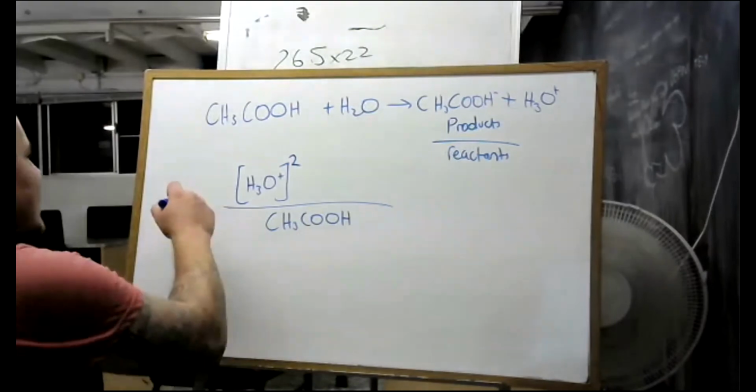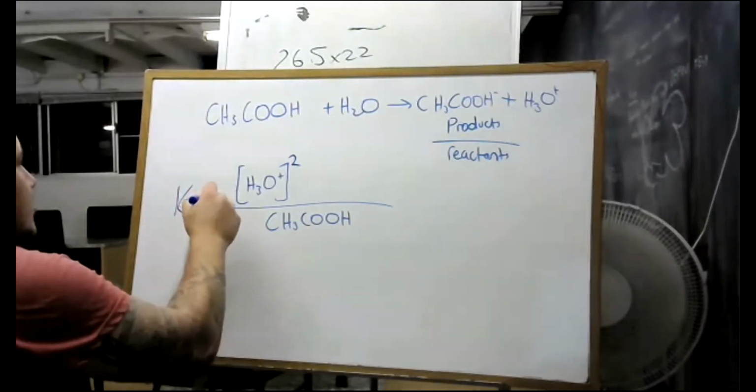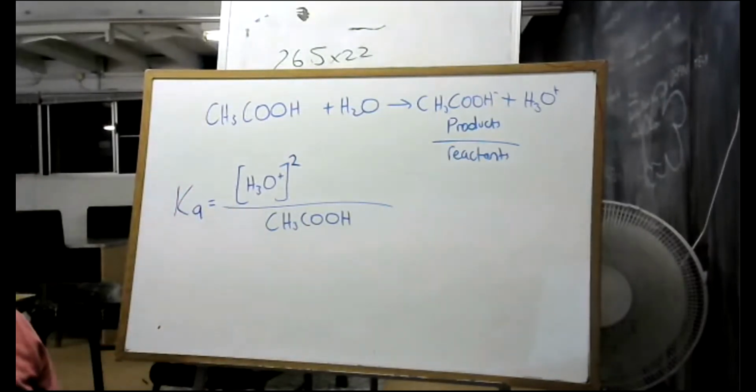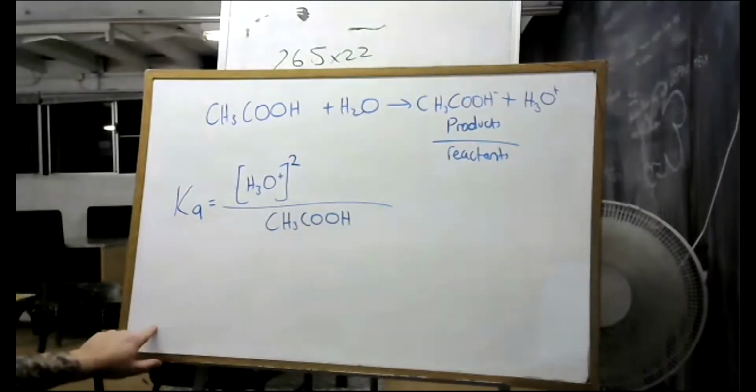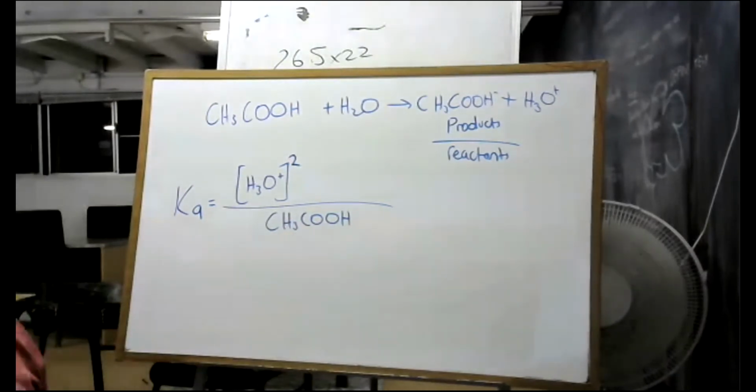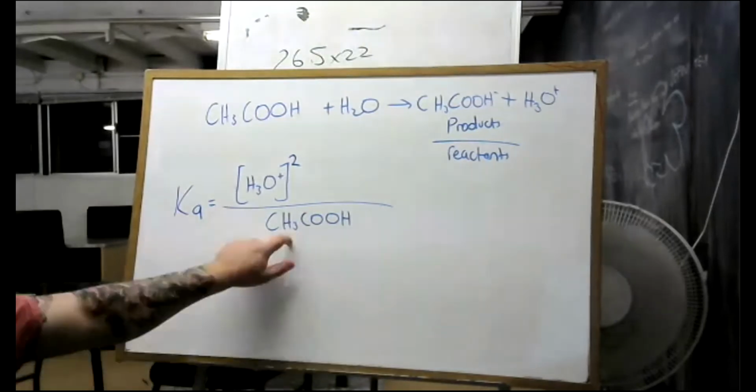So the Ka, or the acid dissociation constant for this reaction, can be written like this. Now, remember that, write that down.